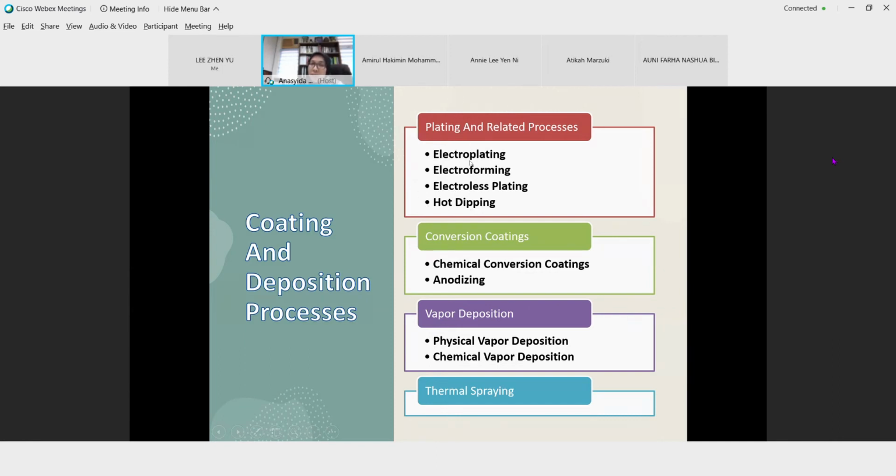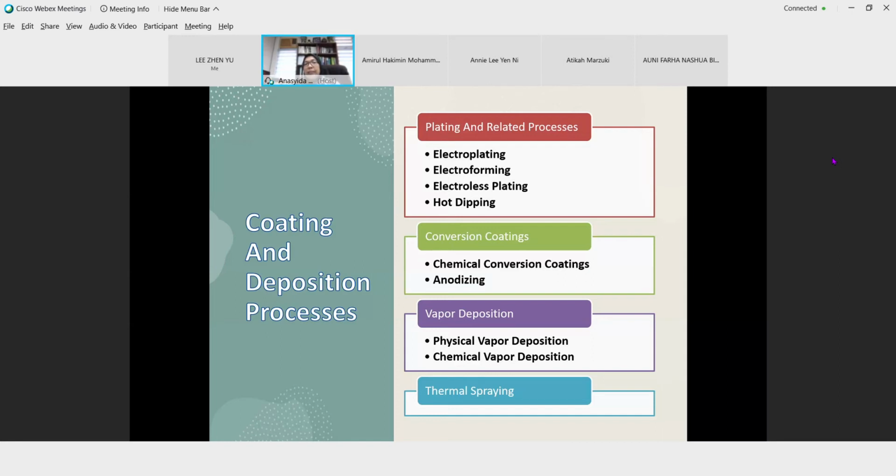For electroplating, we are moving the ions, then we are placing the ions by moving of the electrons. The same goes for electroforming. The difference between electroplating and electroless plating is that we don't use any current.